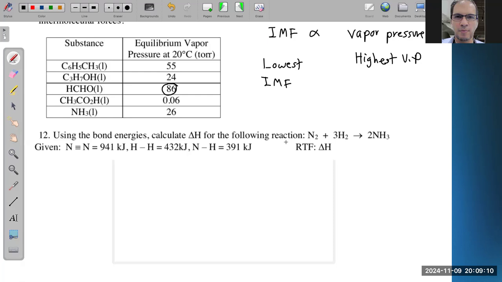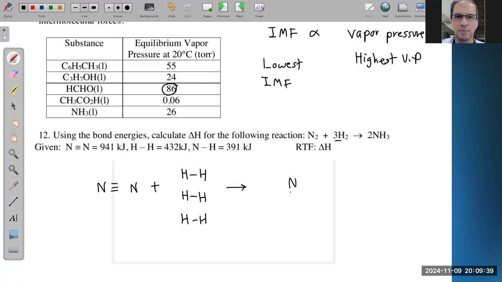Okay, next one is trying to remember the bond energies. Calculate the delta H for the following reaction. N2 plus 3H2 gives NH3. So I'll try to draw my compounds fast so that I can get the number of bonds. The N is triple bonded with another N. The H makes a single bond with H, and it's repeated 3 times because there are 3 moles.